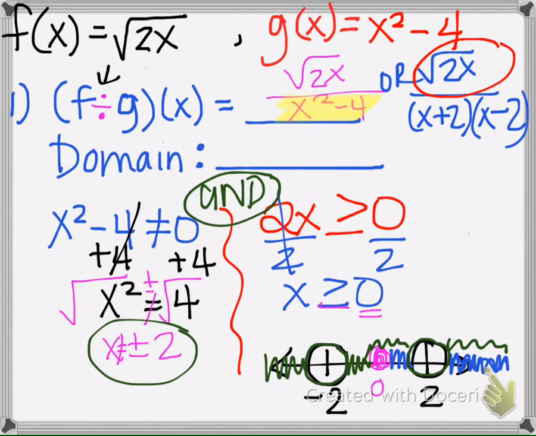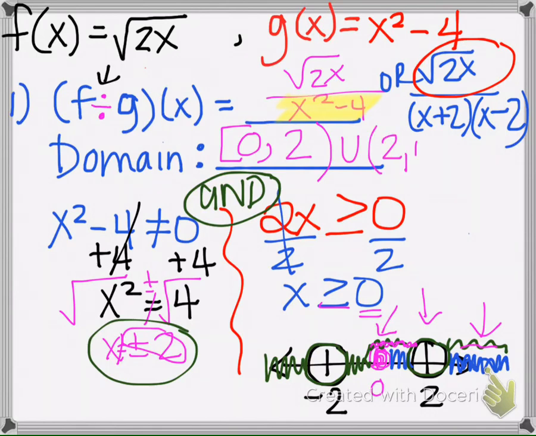So what they have in common here is they both, right here, have 0. And then they both have all of this here. But it can't be 2 because of this. And then it could be any number, they're both shaded here. So it could be union, any number greater than 2.